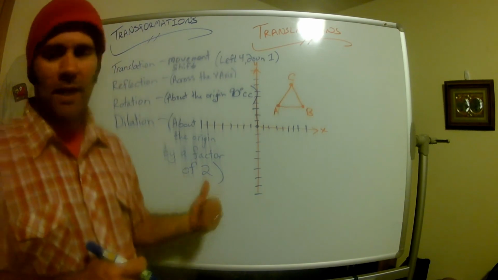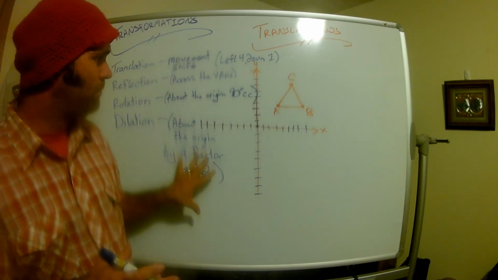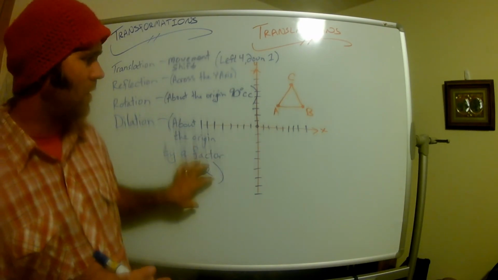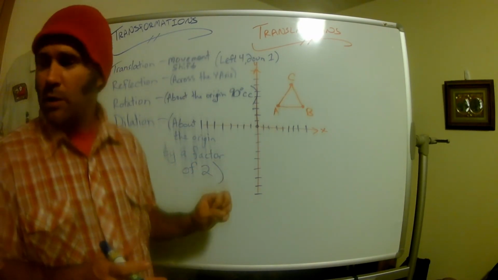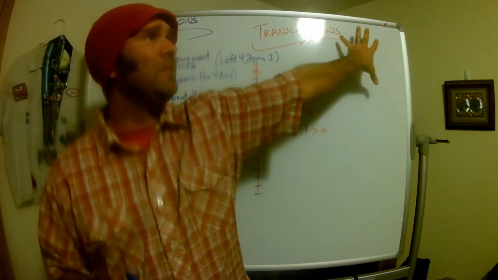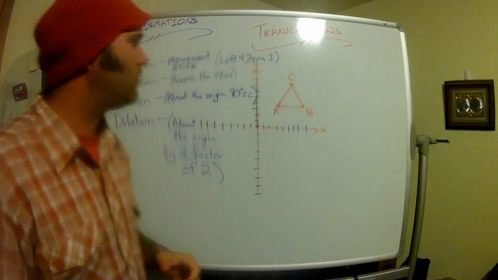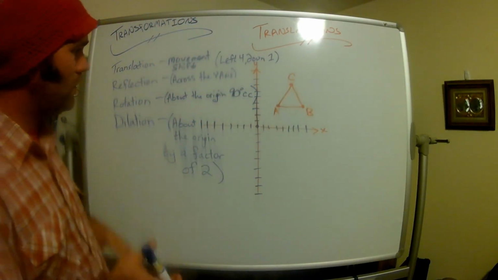And then you can also do negatives. Negatives would actually bring it over here into the third quadrant. But since we're doing a factor of 2, we're going to be further out in the first quadrant and be much bigger. So we can do this by points as well.